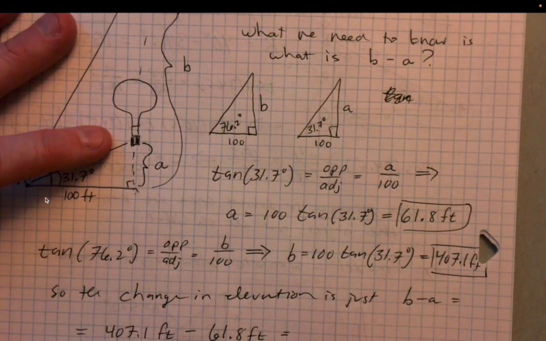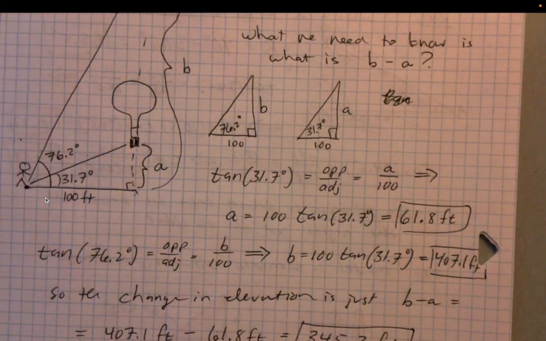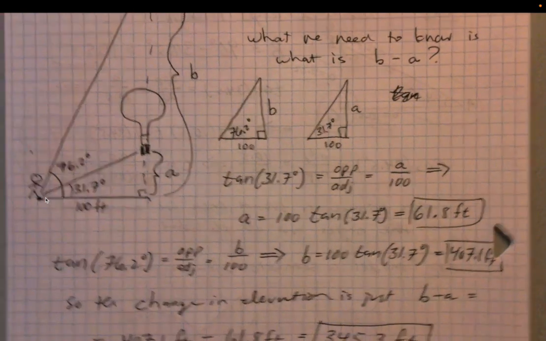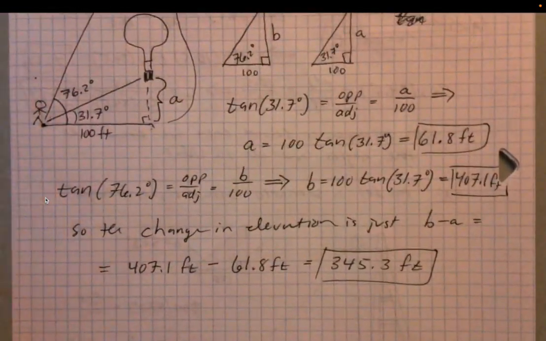You get 345.3 feet. And so the balloon moved up 345 feet in that interval of time. Okay. All right. Very good.